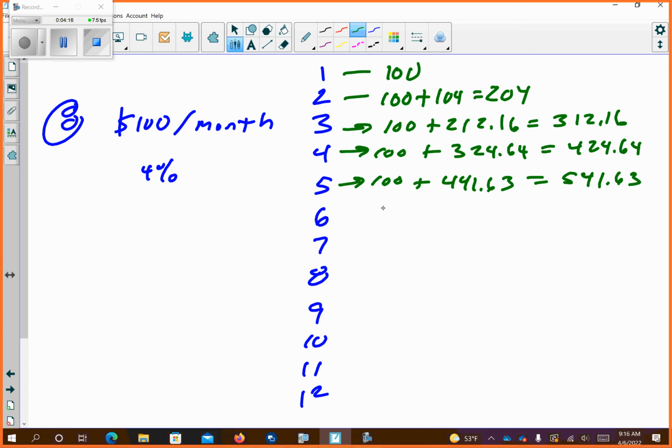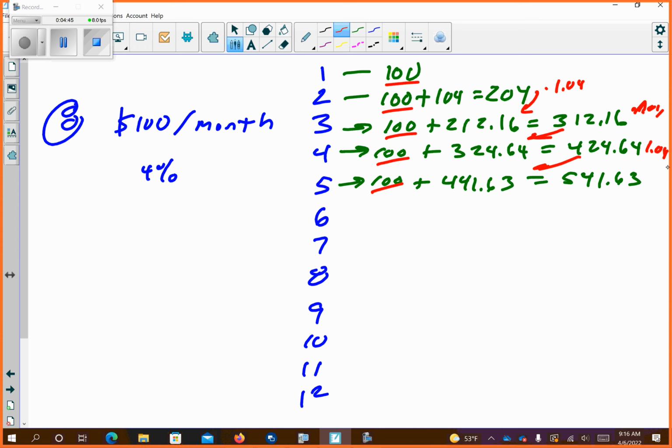So basically, all I'd be doing to get this chart is, you know that the 100's going in each month, and then what I do to this value to get to this value is I multiply by 1.04, and then this value to get to here I multiply by 1.04, and then this to get to this value multiply by 1.04, etc. That's what I had been doing.